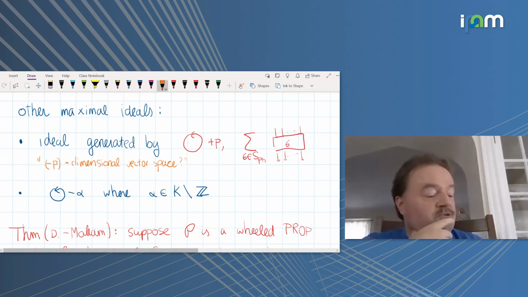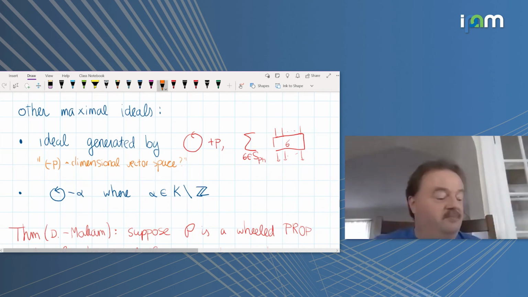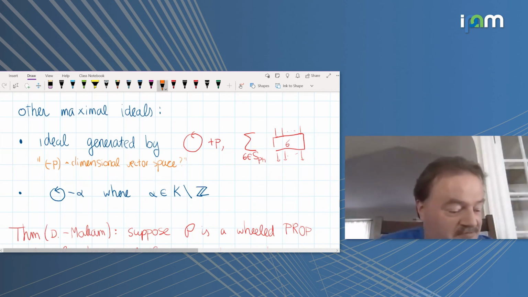But you can also do, instead of this Q symmetrization, you could not put the sign of sigma here. And this loop could be equal to negative P, right? So you can think of this as sort of a negative dimensional vector space. Anyway.